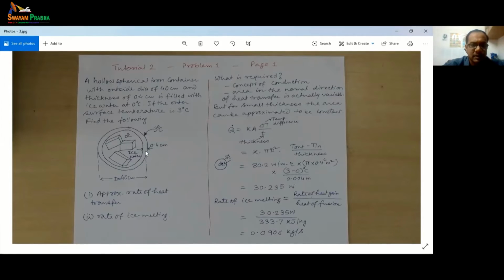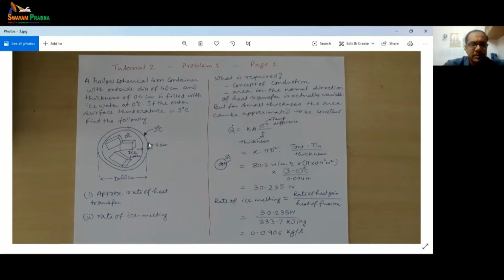That particular iron container, a spherical container, that means a hollow ball, is filled with ice water at 0 degrees centigrade. You can see there are some ice blocks and there will be some water as well. It's filled with that ice water mixture and it is at 0 degrees centigrade.